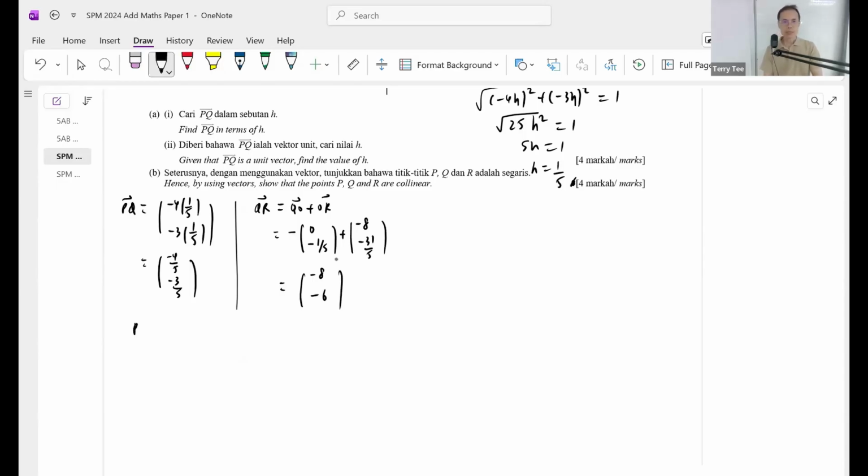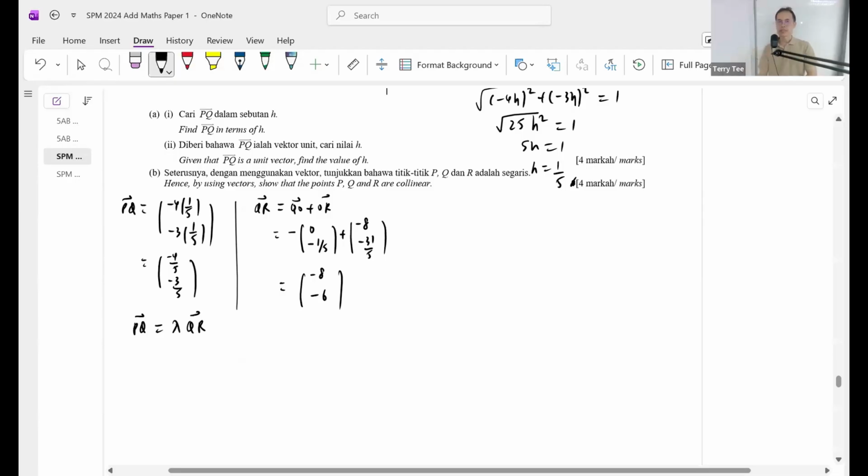Remember, to show that they are parallel or collinear, we must let the first vector equal a multiple of the second vector. The multiple I use here is lambda. You can use another symbol, k. So let us write down your PQ here, your QR here, and factorize.